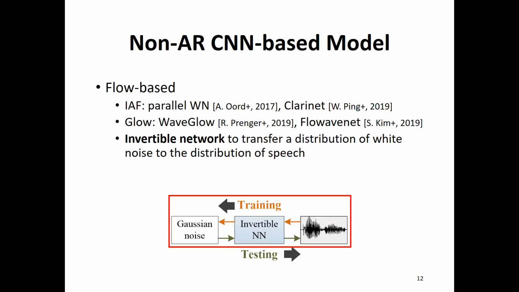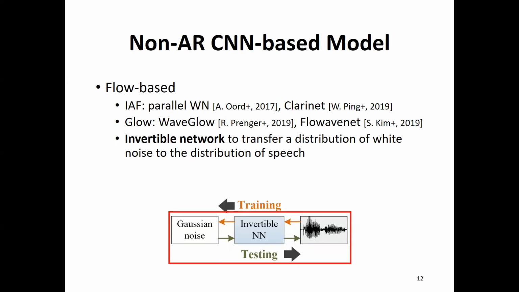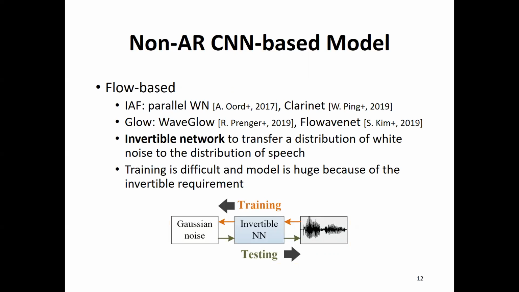All of them adopt an invertible network conditioned on acoustic features to transform speech to white noise in the training stage and recover the speech signal from the white noise input in the testing stage. However, the invertible requirement usually results in difficult training and a huge network.